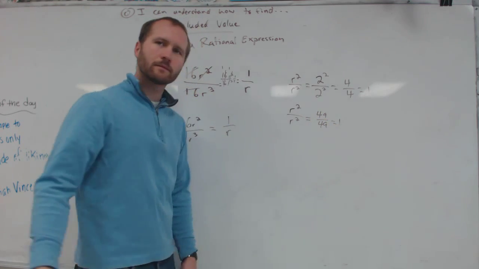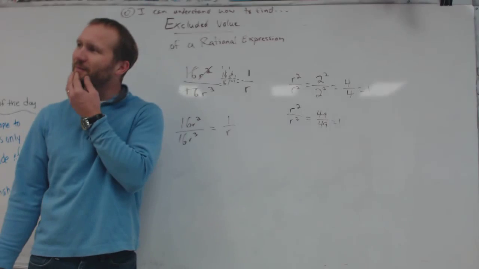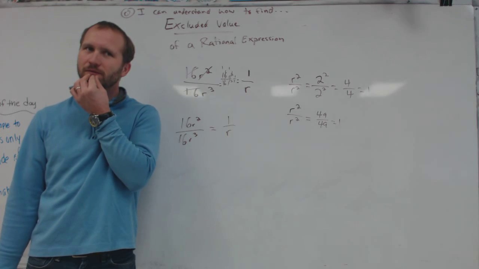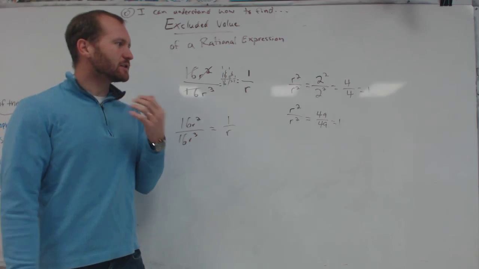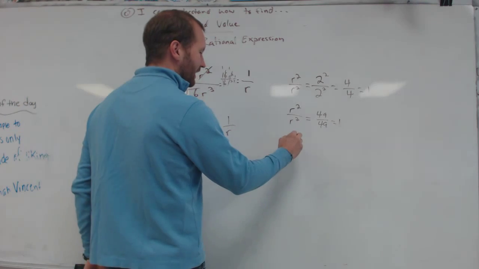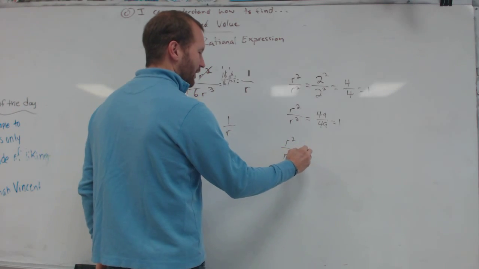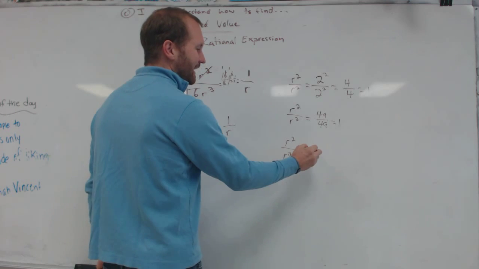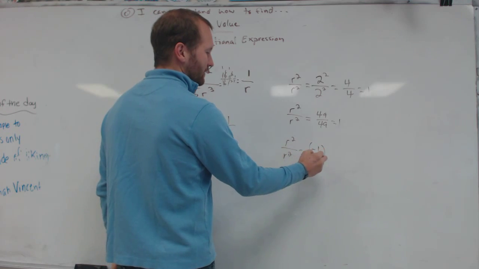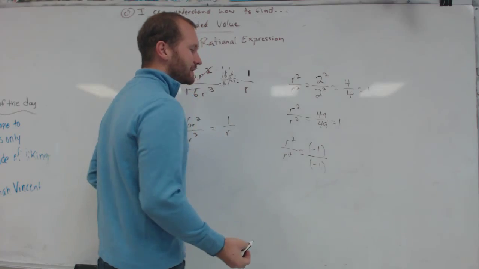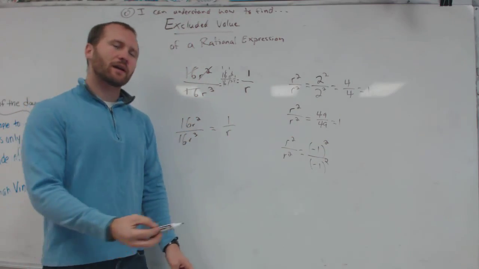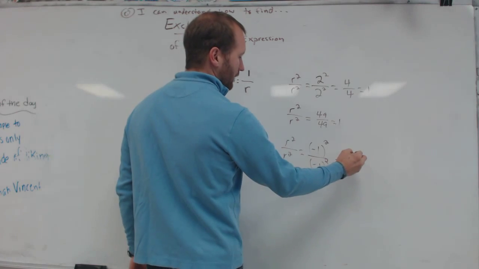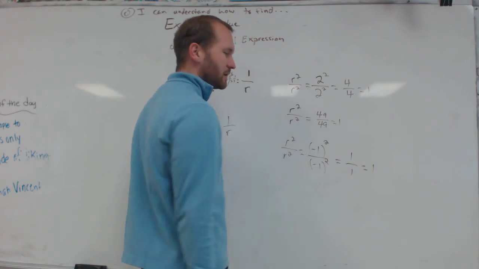Well, then when is it not? Why would it not be 1? Let's try it. So if r is a negative, you guys got it, but let's do the negative one because it was a great guess. So let's say r is negative 1. If we have negative 1 squared over negative 1 squared, that's going to be 1 over 1, which is 1.